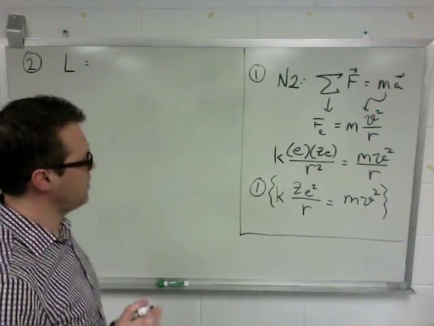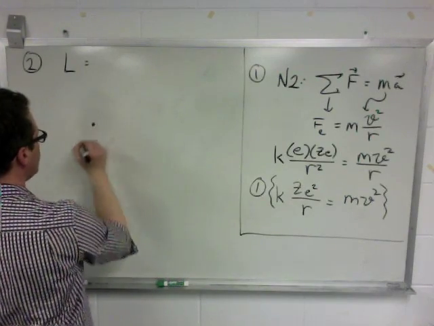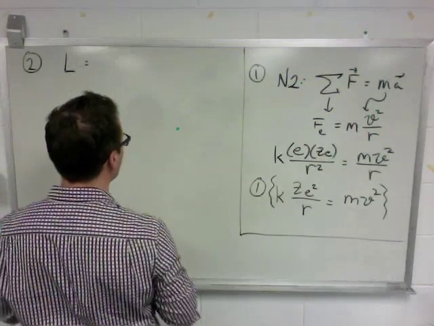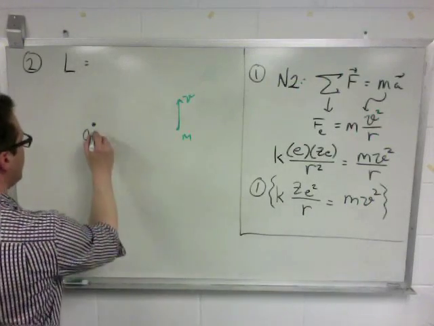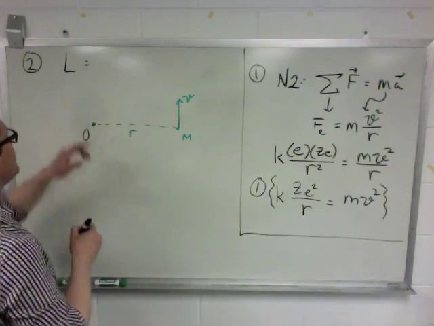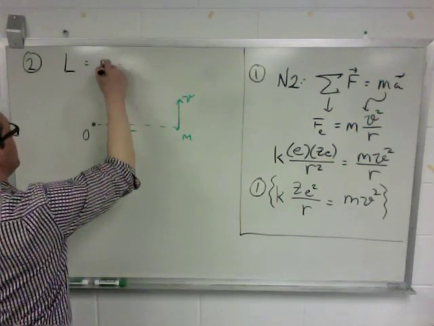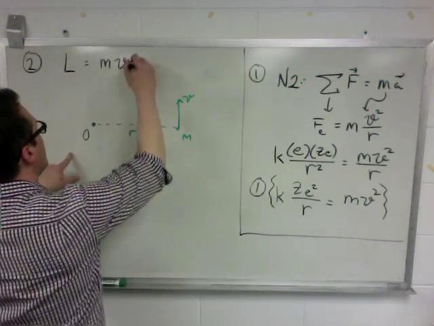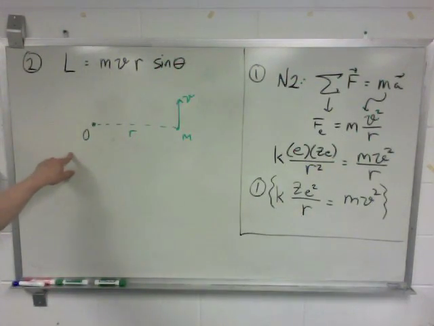If you remember from Physics 105, right? If I have some point right here, call it the origin, and I have a particle over here moving with some velocity like this, and say it has mass m, and this whole thing is a distance r away from the origin, then the definition of the angular momentum of this mass would be the mass times velocity, which is just the regular momentum, times r times the sine of the angle between v and r.